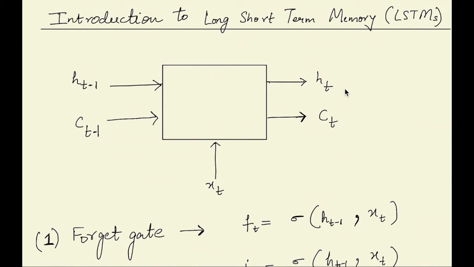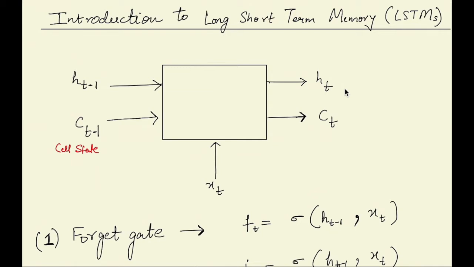LSTMs have an additional state called the cell state, to solve the problem with RNNs, that is, RNNs do not capture a sufficient amount of information for words that appeared long before in the sequence.